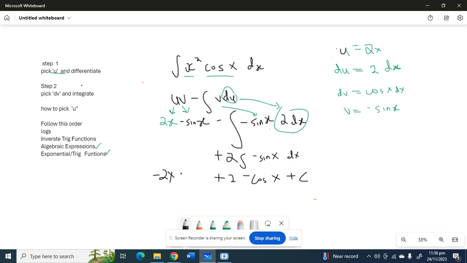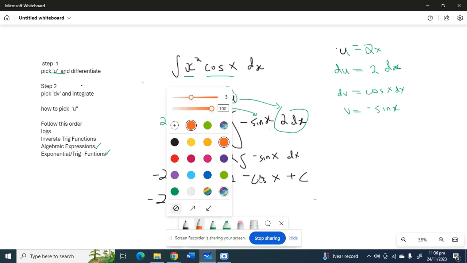All right, we want to arrange everything in proper order. Since we have a negative cos x, we can put the negative sign in front of the 2. So let me rewrite this: x squared sine x, right.